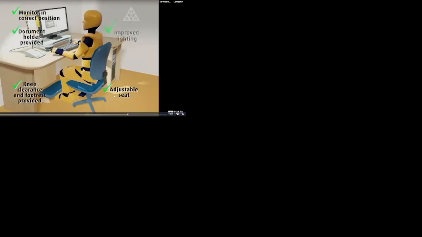This improved computer workstation layout includes the monitor being in the correct position, the provision of an adjustable seat, knee clearance underneath the desk, and the provision of a footrest, the provision of a document holder, improved lighting, the telephone being closer to the user, and the worker being aware of their posture.